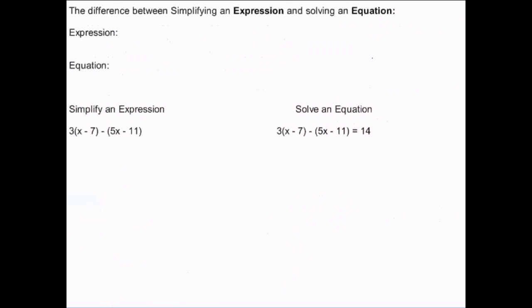Between an equation and an expression, because equations can be solved, expressions cannot be solved. Okay, and you don't want to make that mistake to where you're trying to solve something that's not solvable. There is no equal sign in the expression, so we can only simplify it.